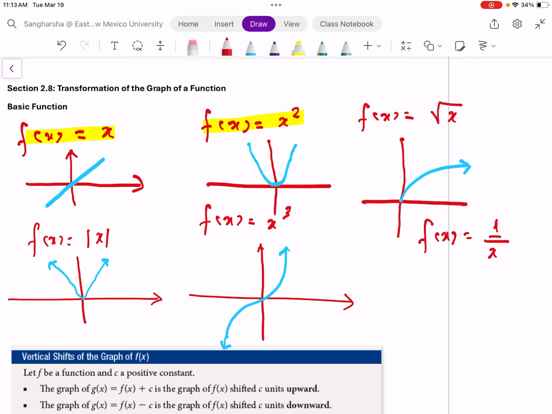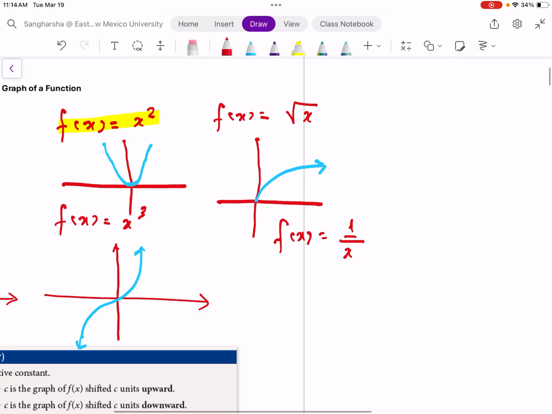If you have a 2, what is 1 over 2 for a 2? What do we call that? Reciprocal? Have you heard of the reciprocal? You just switch the numerator and denominator, right? So you can call this a rational function, or a reciprocal function.